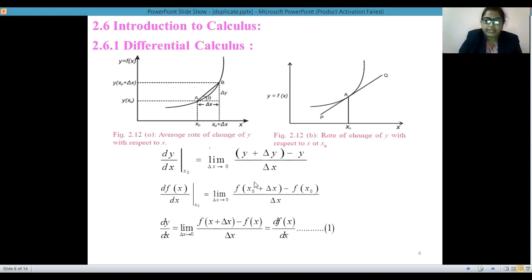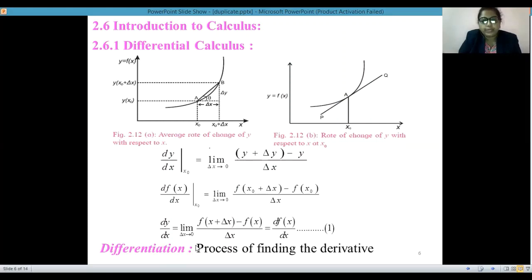So dy by dx is called a derivative. dy by dx is the derivative of y with respect to x, which is the rate of change of y with respect to change in x, and the process of finding the derivative is called differentiation.